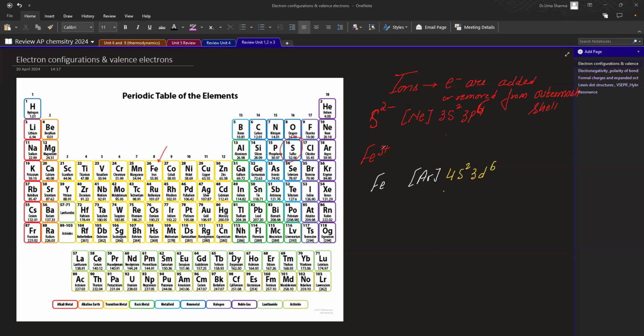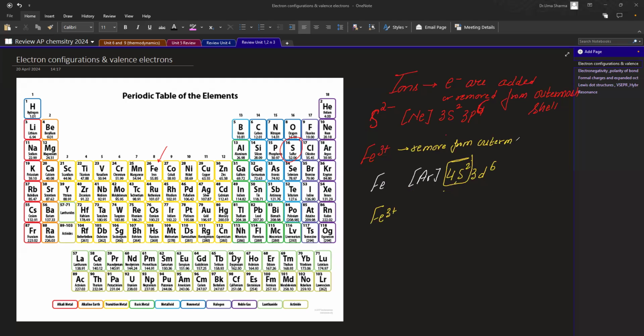So when I say Fe3 plus, what's the configuration? First, you are going to remove electrons from here, the outermost shell. Remove from the outermost shell first, and then you can touch your 3d shell.